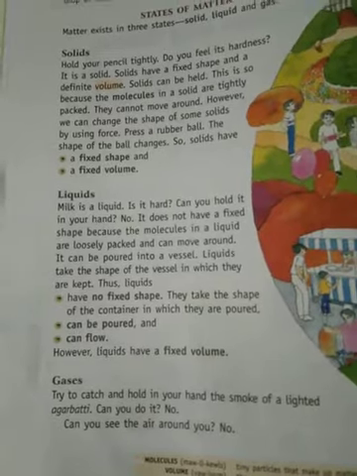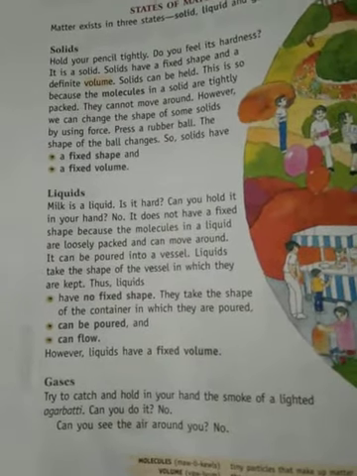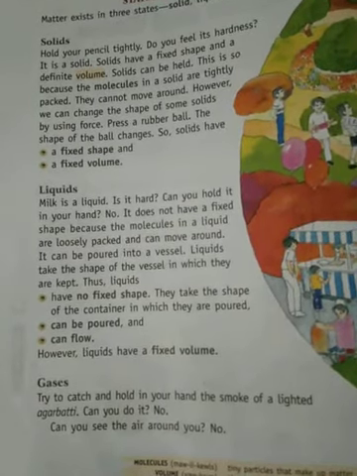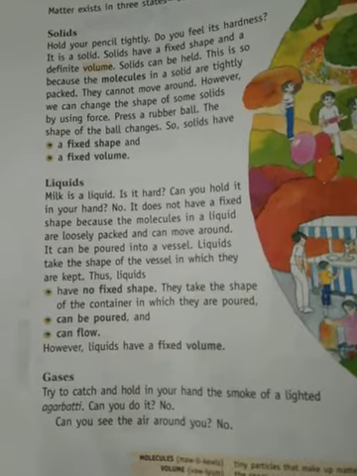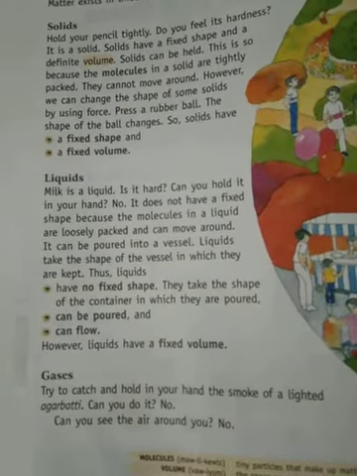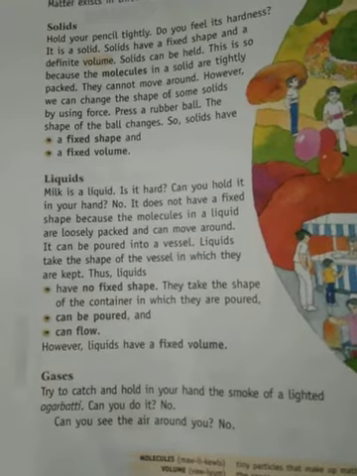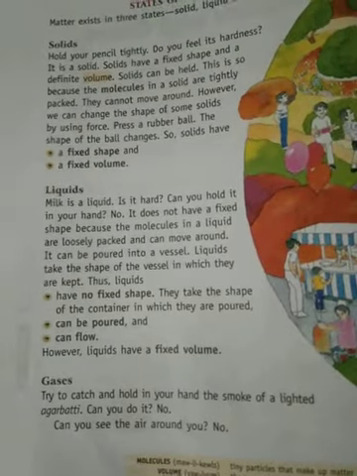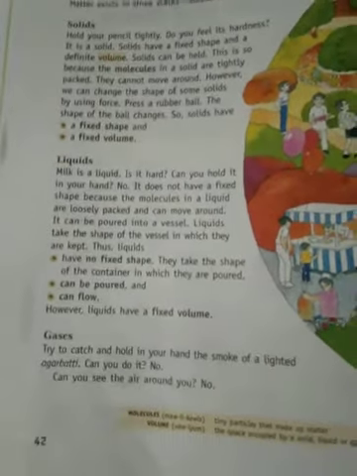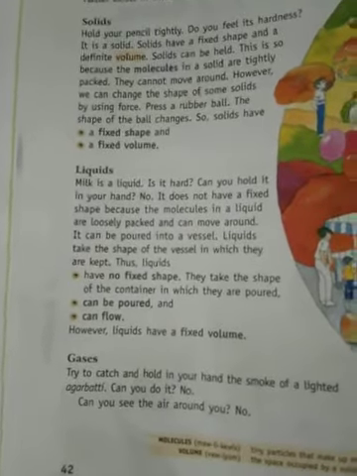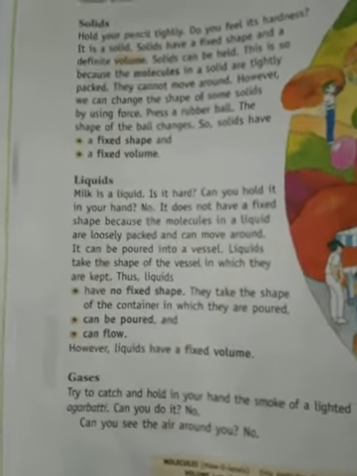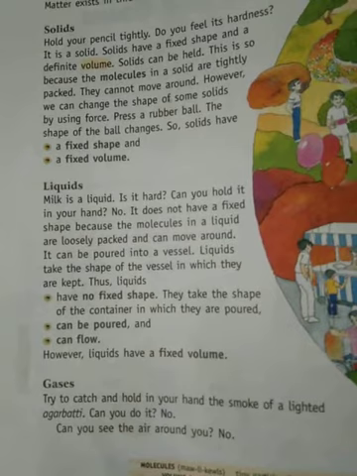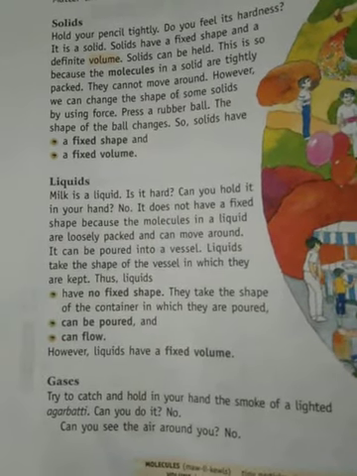That means if you fill mustard oil and milk inside two 1 liter bottles, you will not be able to distinguish the difference between 1 liter of milk and that of the mustard oil. That means both of them have equal volume. Why? Because their volume is fixed. It is true that their shape is not fixed due to the loosely packed molecules, but their volume is quite fixed.